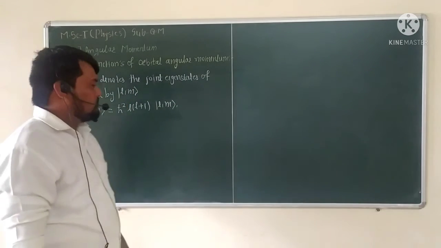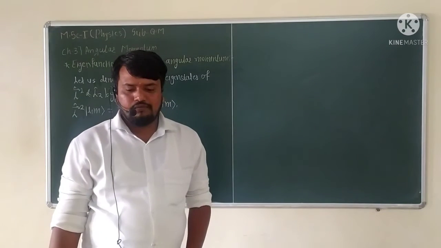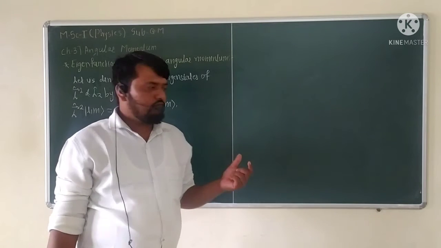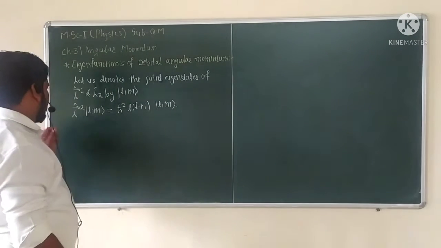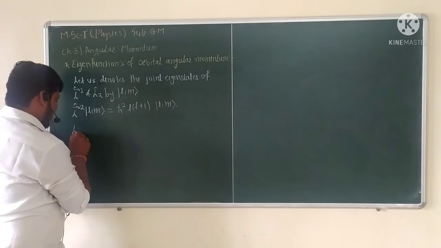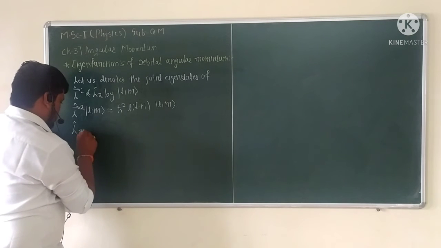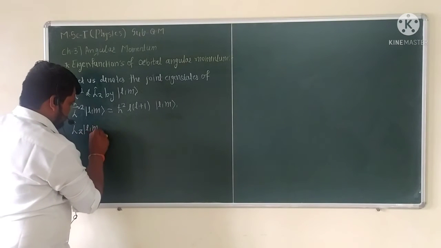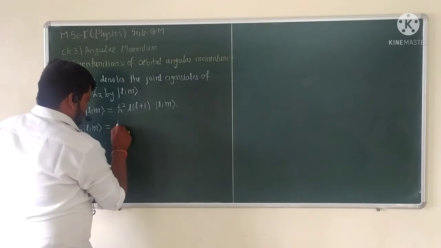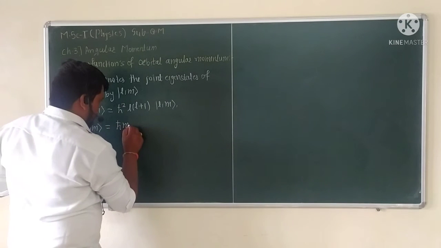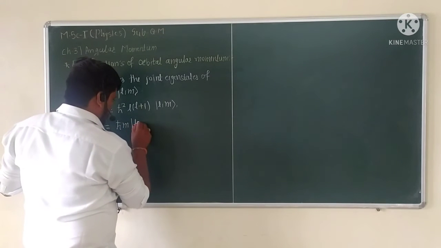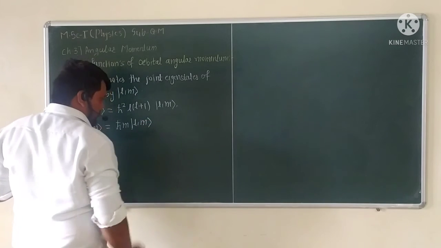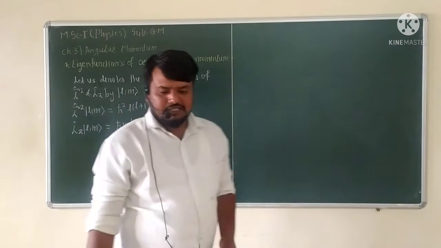So this is the joint eigenstate of L square, and the joint eigenstate of Lz cap is nothing but h cross m times |L, m>. Okay, these are the joint eigenstates.